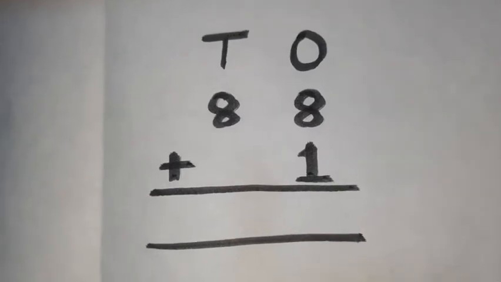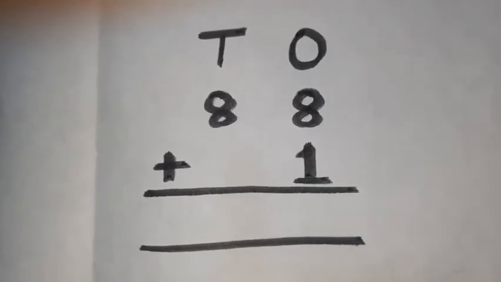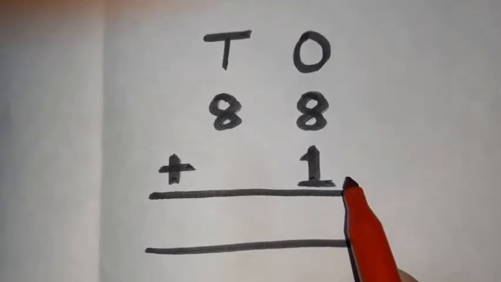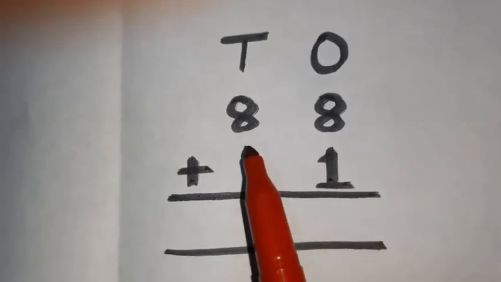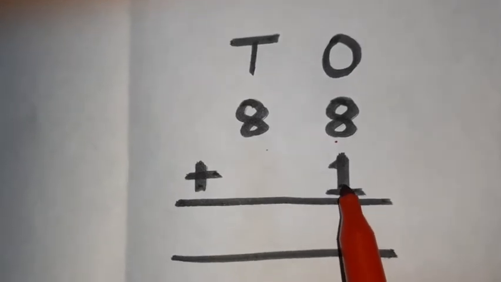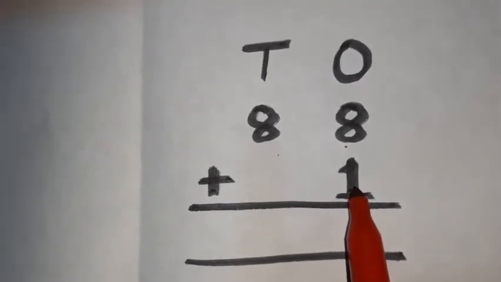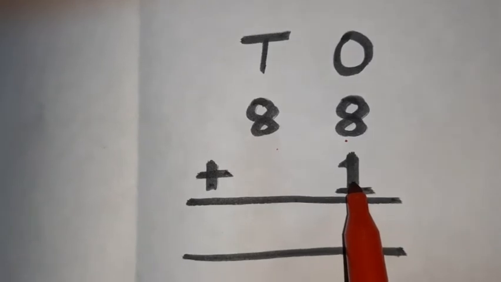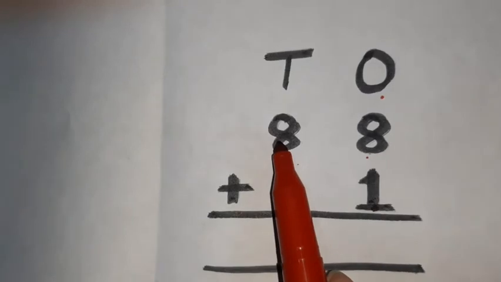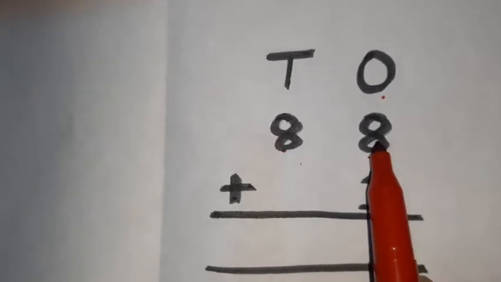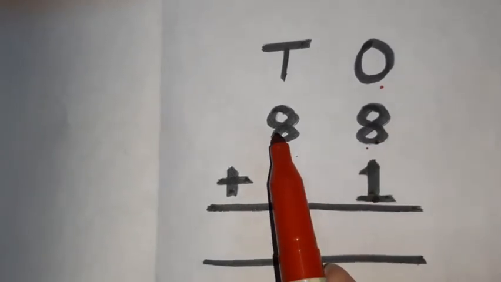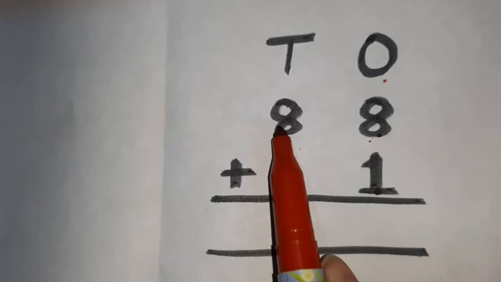Okay children, now we are going to do the addition of a 2-digit number with a 1-digit number. Here we have the 2-digit number, that is 88, and the 1-digit number is 1. Since 1 is a 1-digit number, we have written it below ones. In 88, the 8 on the right side is at ones place, and the 8 on the left side is at tens place.